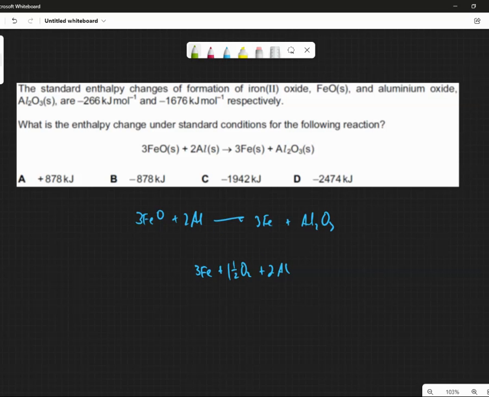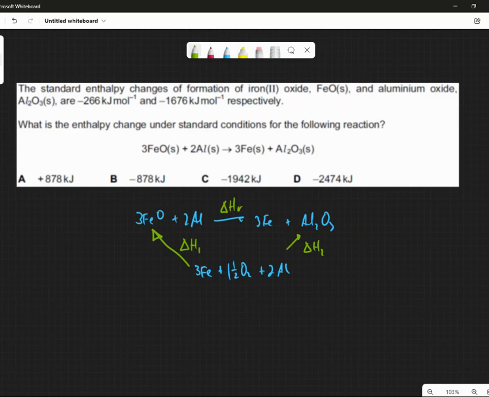This one I'm making iron oxide from iron and oxygen. On the other side, iron to iron I can ignore because that's 0, so all I'm doing on this side is making aluminium oxide. This is the one I want, delta HR. I'm going to call these delta H1 and delta H2.